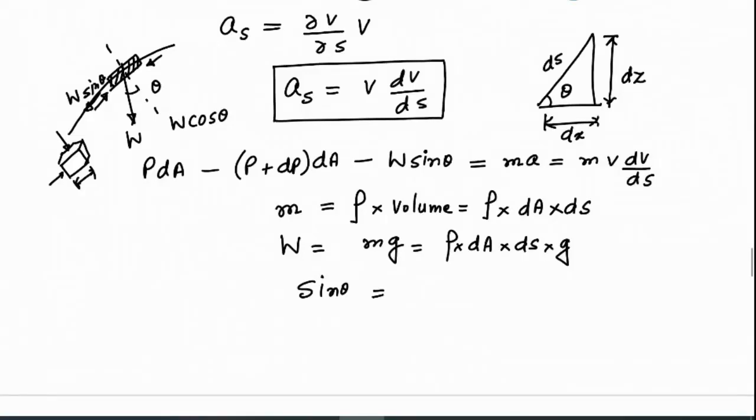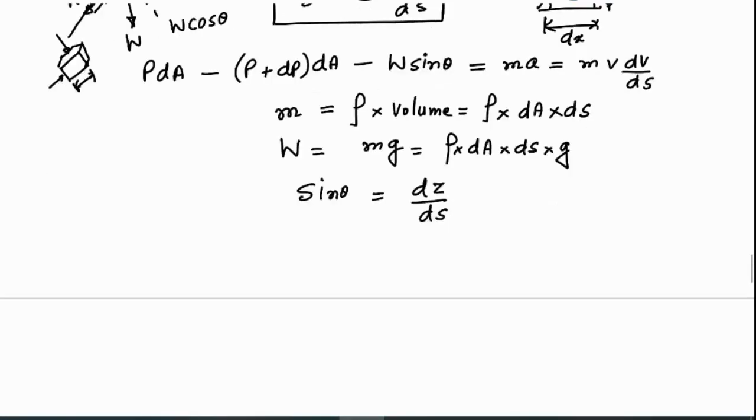So sin theta will be dz by ds. Now if you plug all this in, first you cancel p times dA, then you will have dp times dA minus W sin theta is equal to m v dv by ds.